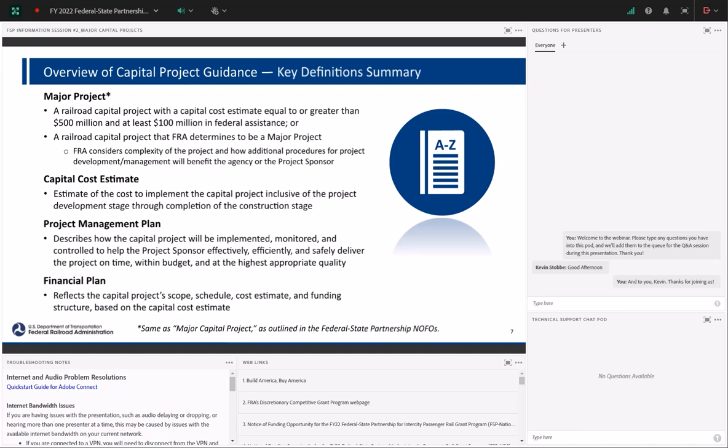And again, this is a combination of taking lessons learned over the last couple of years, as well as working with our sister modes of FTA and FHWA to bring together all of those elements so that we can leverage the success of what those other agencies have done, as well as help projects get to success and achieve their intended goal, which is finishing the project on time while minimizing cost overruns.